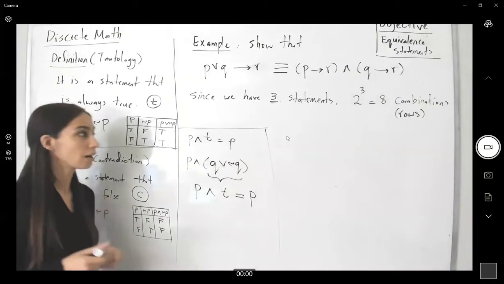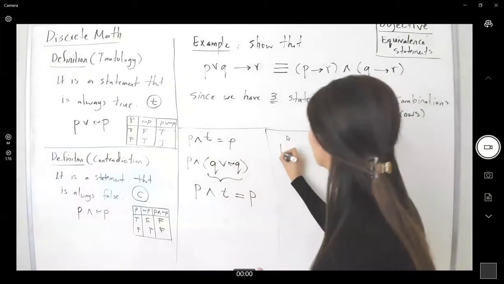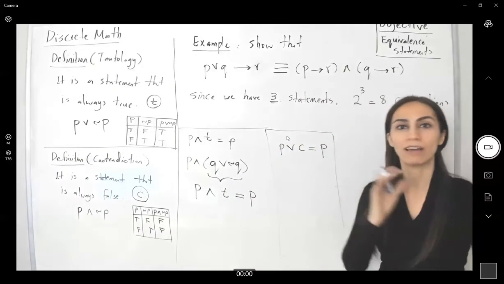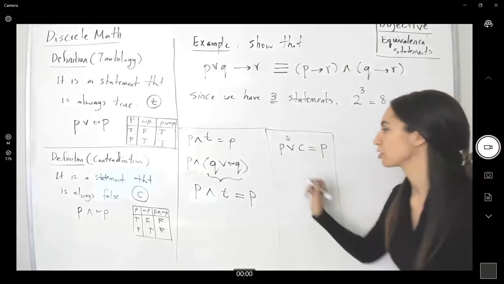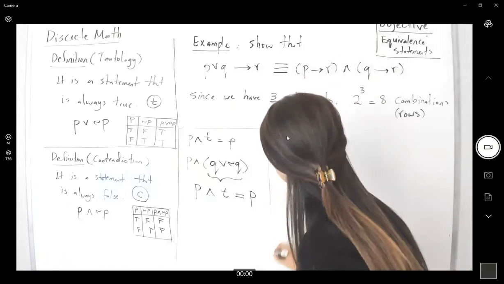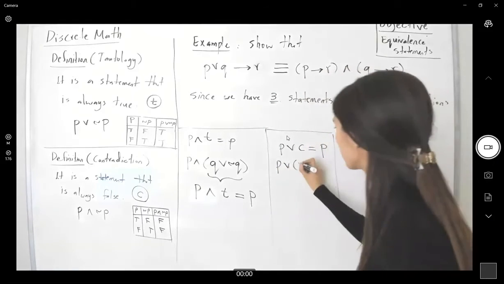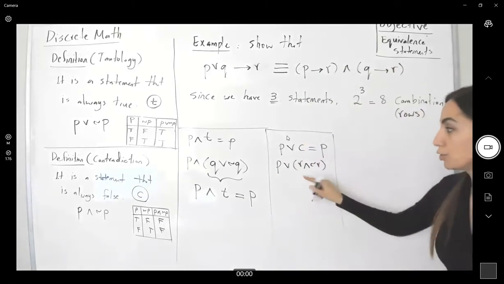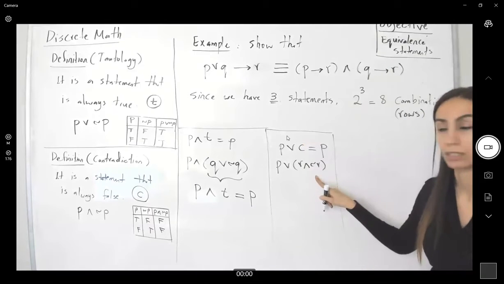You might have a contradiction. We know that P or contradiction is always equivalent to P. Any contradiction works here. Suppose you have P or a statement like R and not R. You already know this guy is a contradiction.